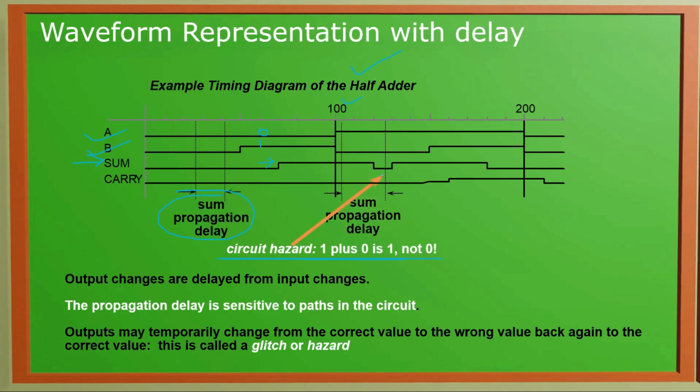For example, if A is 1, B is 0, output should be 1, but in between suddenly the output becomes 0. This is considered a hazard or glitch. Glitches, hazards, delays, all of them are unwanted if we are not defining them. So these glitches must be removed.